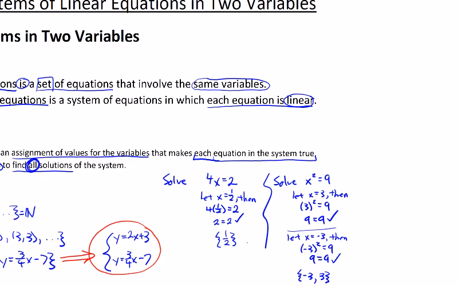Now it's also conceivable that there could be no solution. For example, again, we're just using single equations here to help illustrate the idea, but we're going to eventually get into the system stuff on our examples. But if I was to say solve the square root of x is equal to -4.